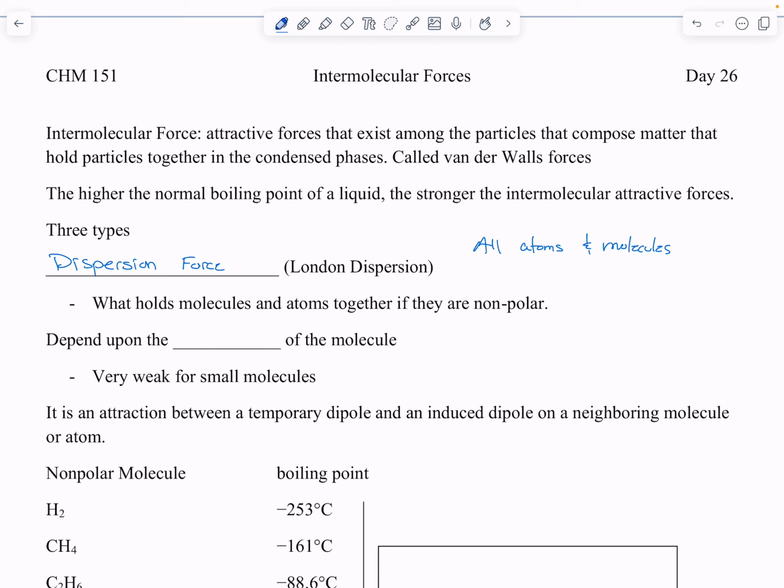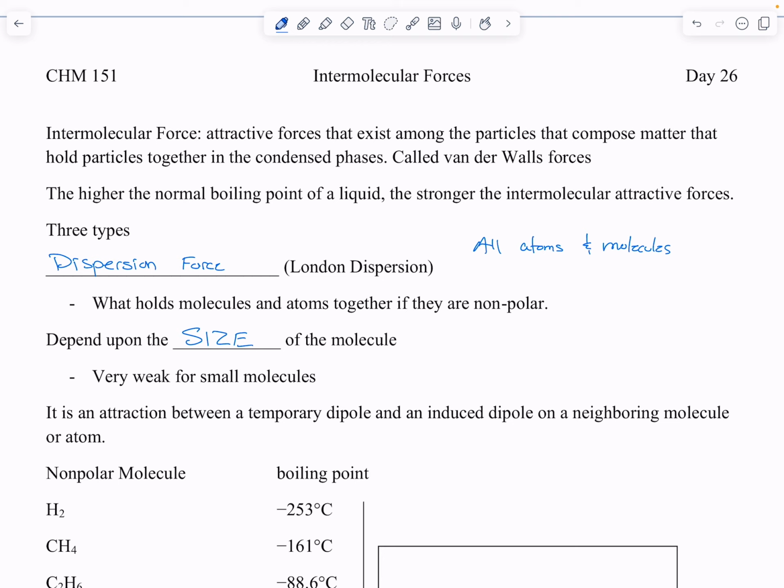Not necessarily dispersion force for ice, but these are what hold atoms and molecules together if they're nonpolar. They depend upon the size of the molecule. Think about molar mass, how big the atom is.